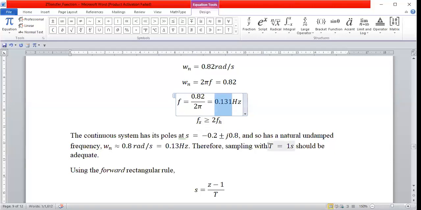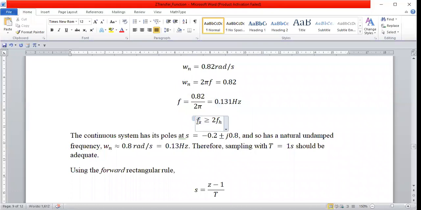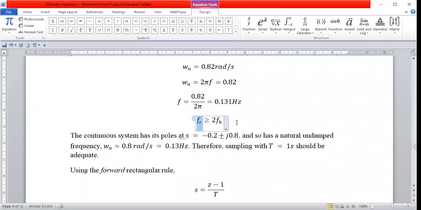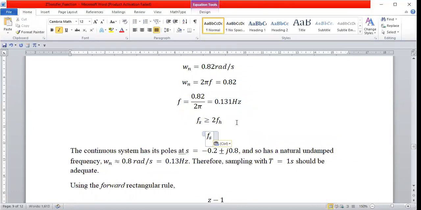For this question, we choose a sampling frequency of 1/8, because obviously 1 is greater than 2 multiplied by this. To be on the safe side, we choose this particular sampling frequency.